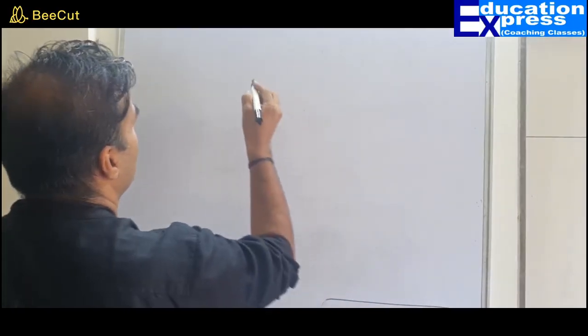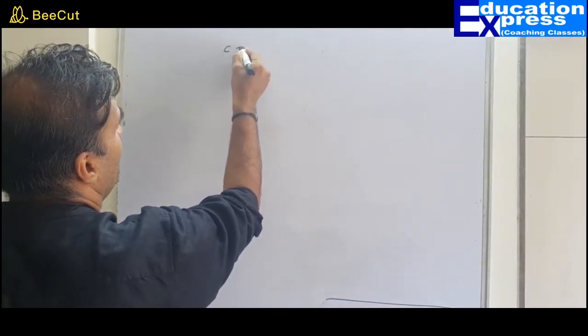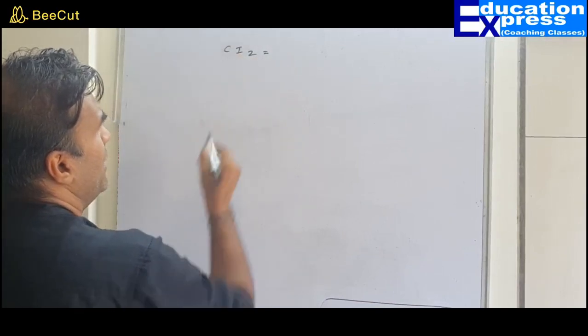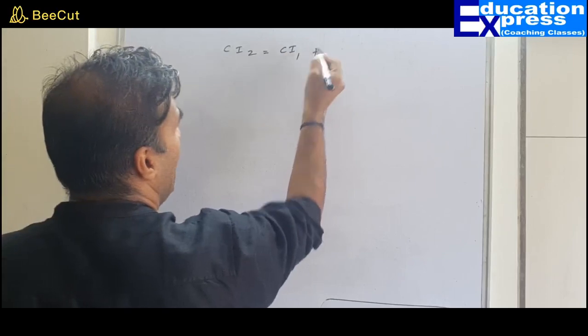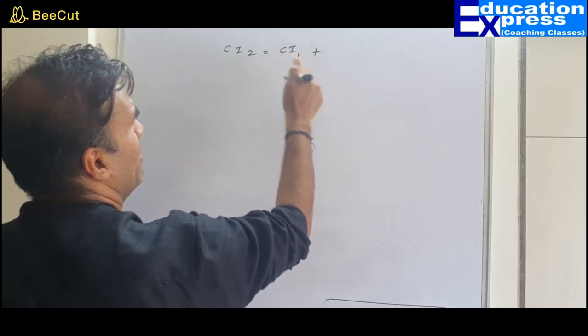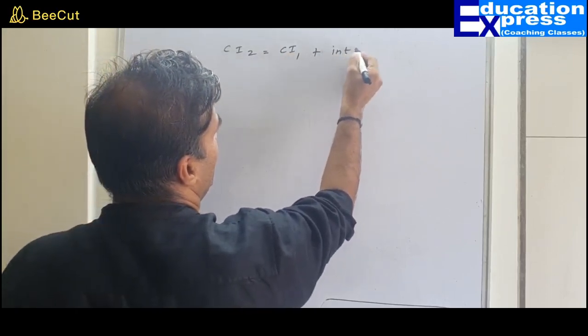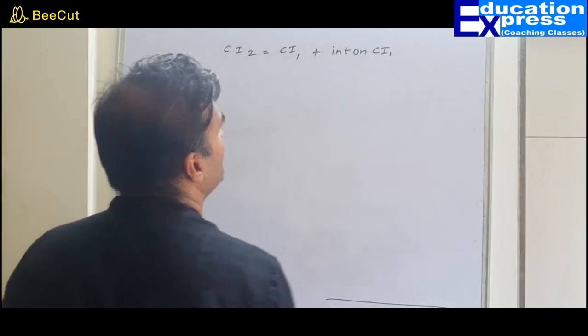Exercise 2C is based on the concept which is as under. Compound interest for second year is equal to compound interest for first year plus interest on the same amount, that means interest on compound interest for first year.